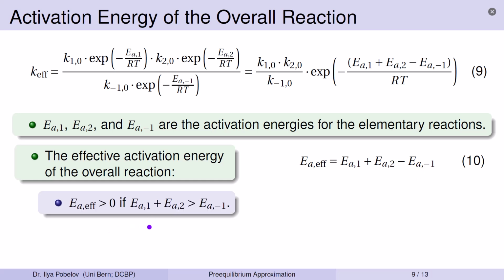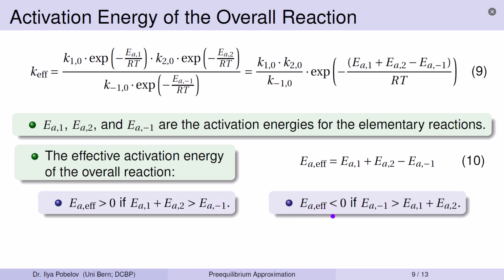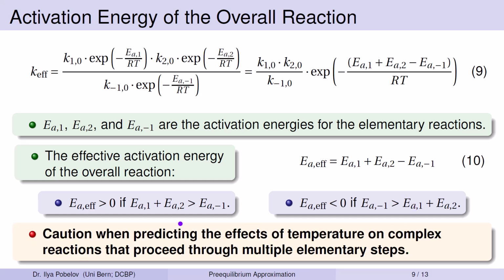This effective activation energy is positive if the sum of the activation energies for the forward reactions exceeds that of the reverse reaction. Conversely, it is negative if the activation energy of the reverse reaction is greater than the sum of the activation energies for the forward reactions. This highlights the need for caution when predicting the effects of temperature on complex reactions that proceed through multiple elementary steps, as the overall reaction kinetics can be counterintuitive.